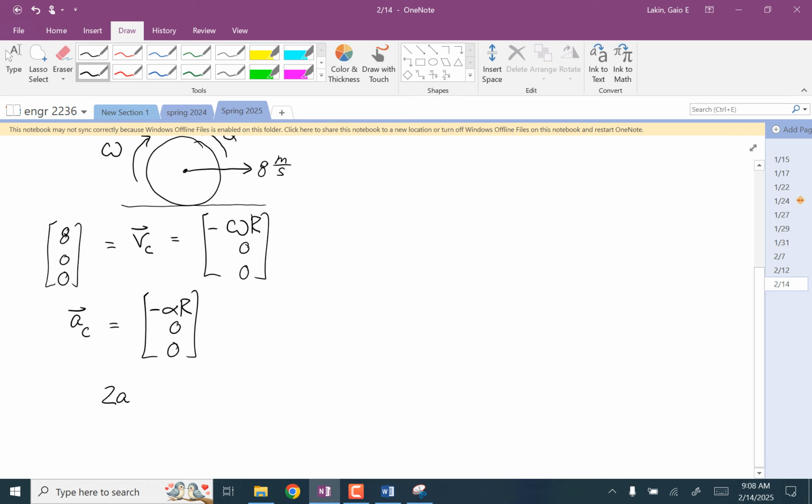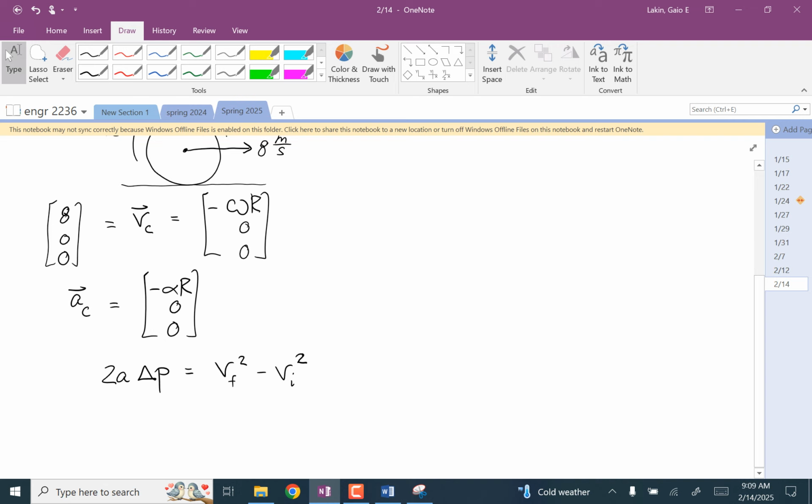You might have seen it in a slightly different form, but it's going to be like 2 times the acceleration times the quantity P final minus P initial, or maybe you saw this as the change in position, change in X, is equal to V final squared minus V initial squared. Do you recognize something like that equation?